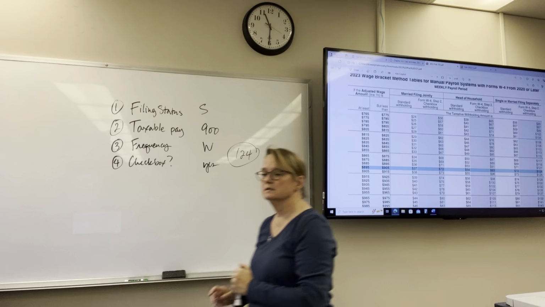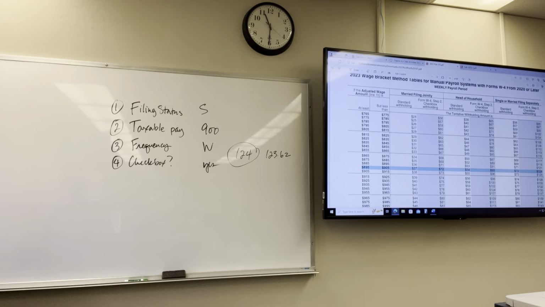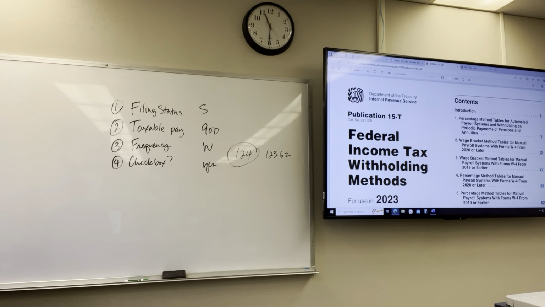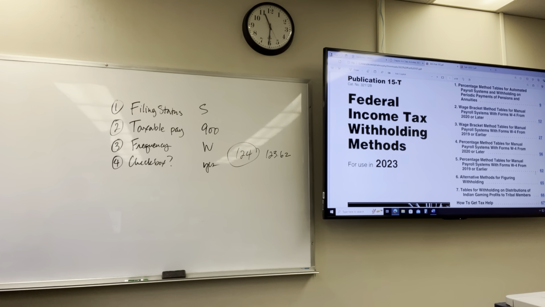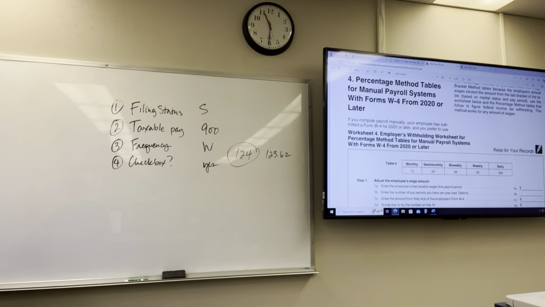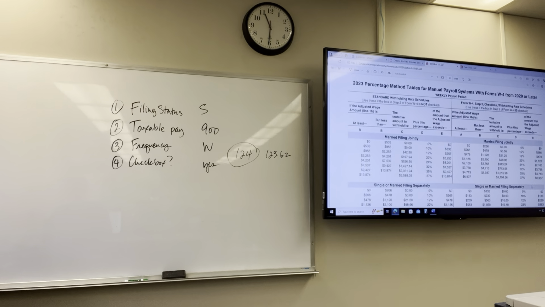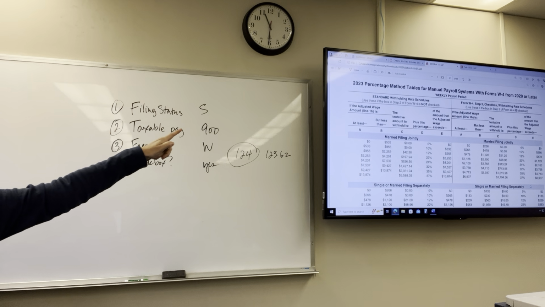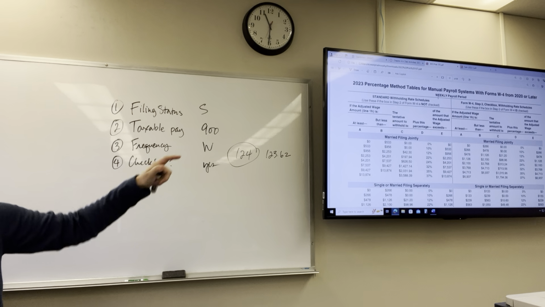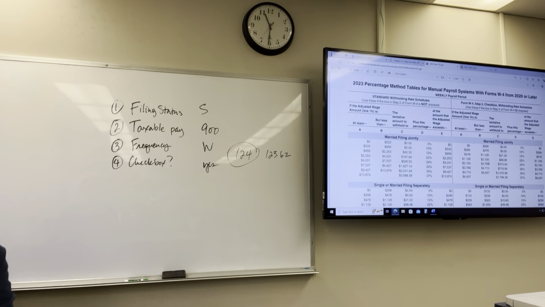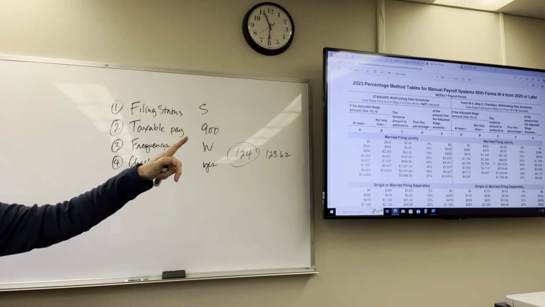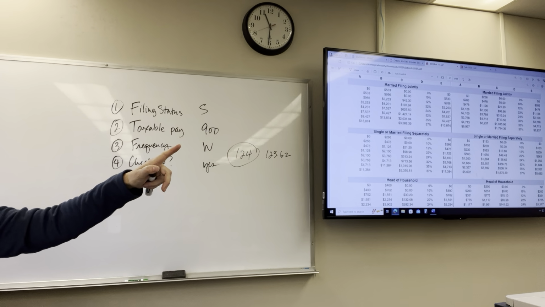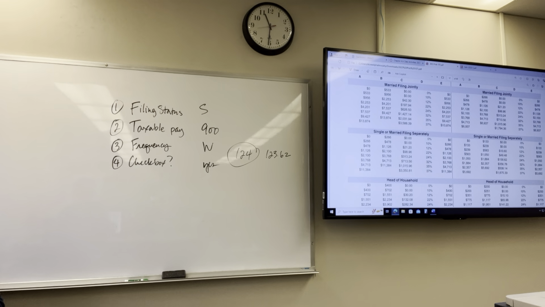And then, if we use the percentage method, remember, we've got to find the correct frequency of pay here. And then for our checkbox withholding, we're going to use the table on the right, the single or married filing separately table.